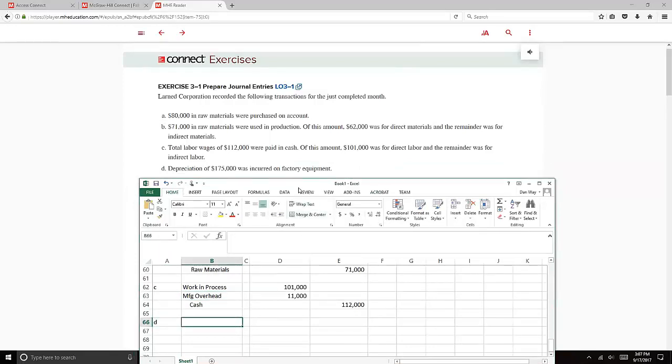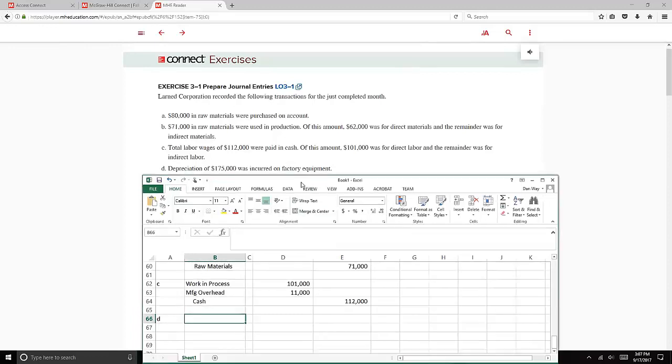So D was depreciation of 175,000 incurred on factory equipment. We did an entry like this in the first few minutes of our Q&A here. Remember, depreciation on factory equipment is a manufacturing cost. It's an indirect cost. So we would debit manufacturing overhead for 175,000.